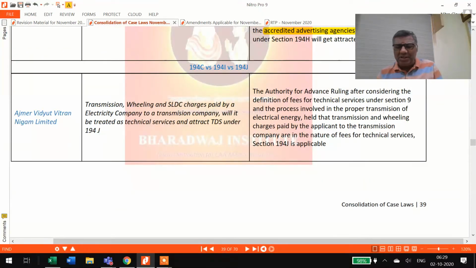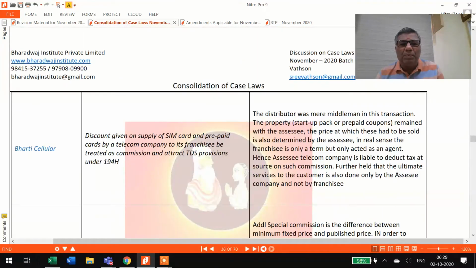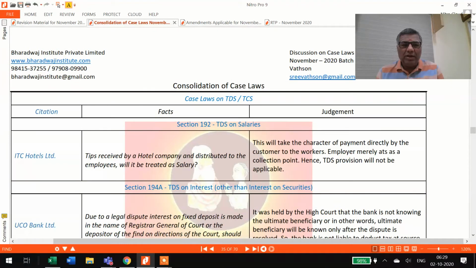If it is questioned, I know you can answer because we have spoken enough about it. Director Prasar Bharati is a paradigm shift from what we were understanding, so there is more possibility of being questioned in these things. In the case law arena, this might be their focus because others are almost tested many times.